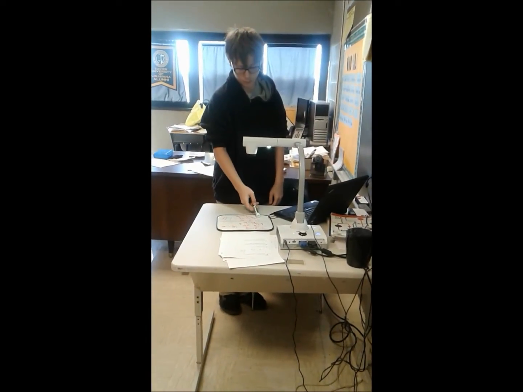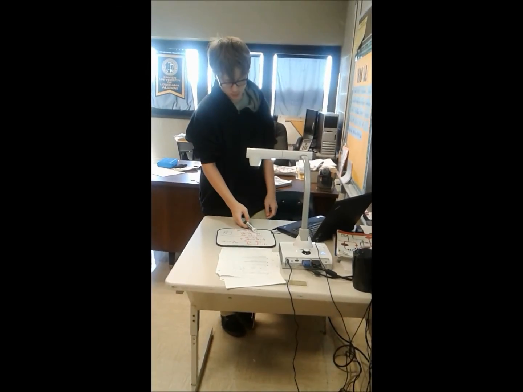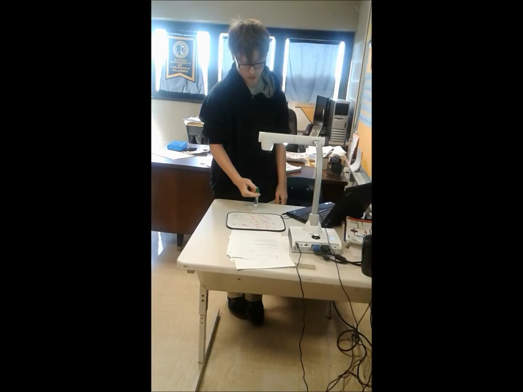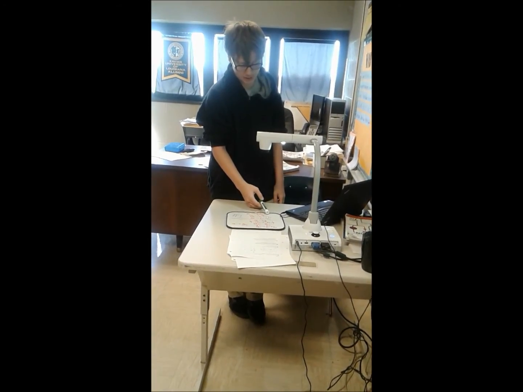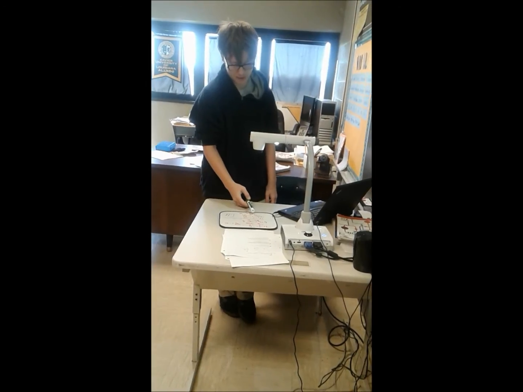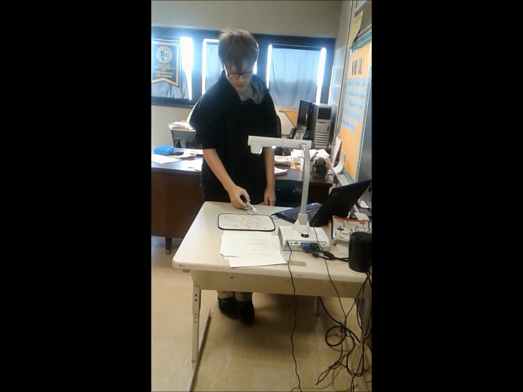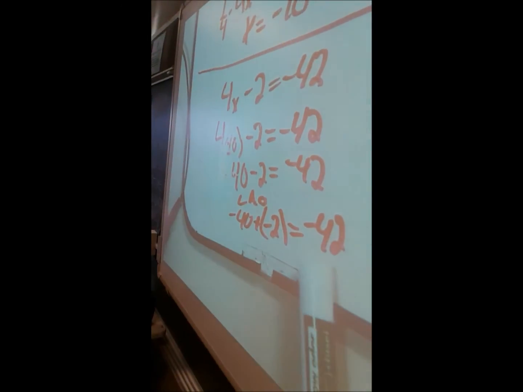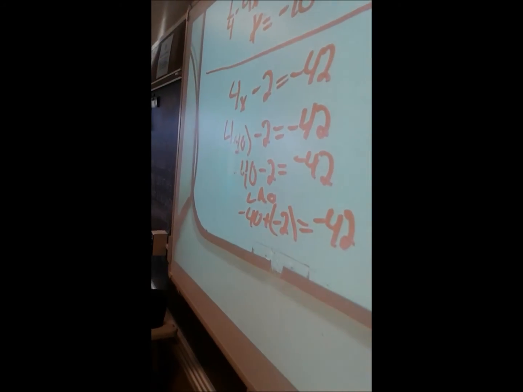So it would be 4(negative 10) minus 2 equals negative 42. And then you multiply 4 times negative 10 and you get negative 40 minus 2 equals negative 42. And then you do LAO and you get negative 40 plus negative 2 equals negative 42. And so negative 42 equals negative 42.